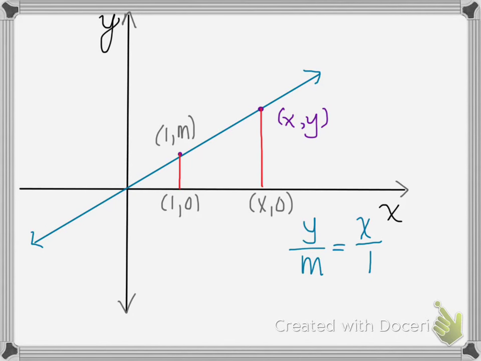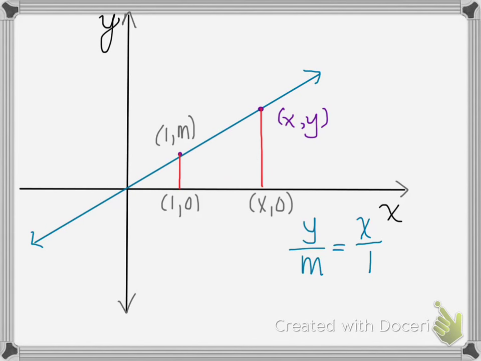Okay, so let's restate. These are similar triangles, the large one and the small one. Let's talk about why they're similar, just in case you've forgotten. They both include this angle right here that comes from the origin between the x-axis and the line itself, and they both have a right angle here, where these red lines meet the x-axis.